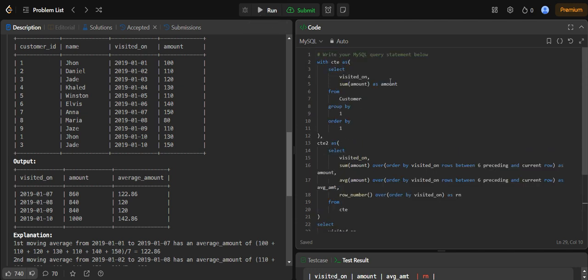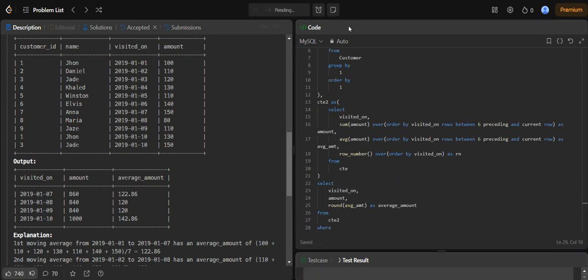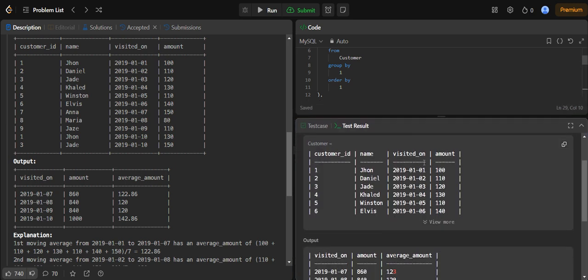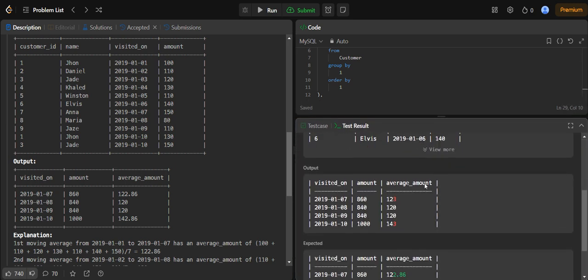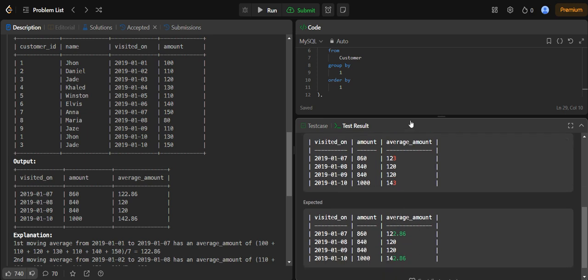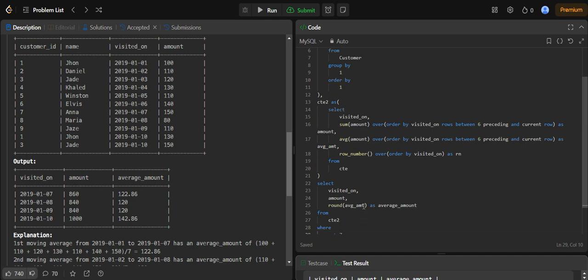I hope you have understood up to this part, because I have finished the question now. If I run this, it will give me the correct result. Okay, the result is correct, but wrong answer. Why? Oh, sorry, I did not round it off to 2 decimal places. That is why.